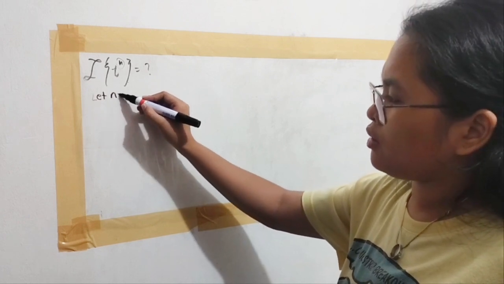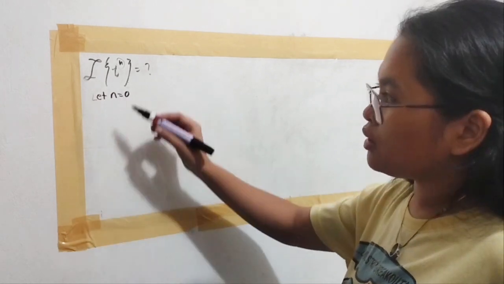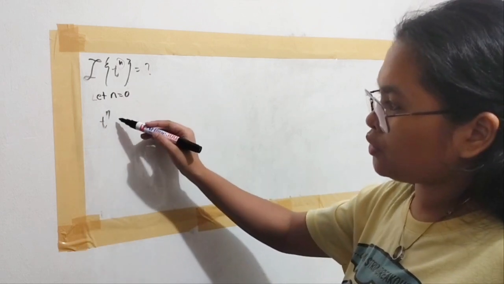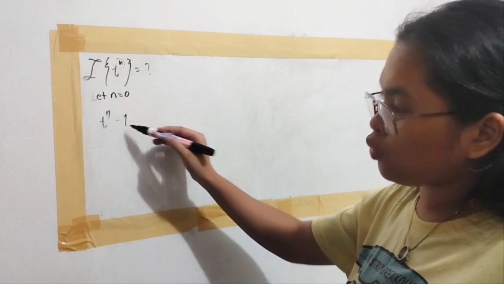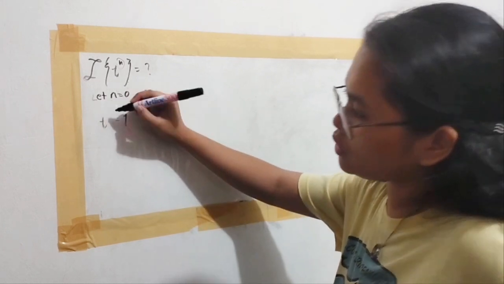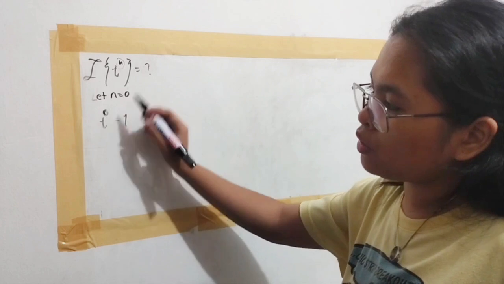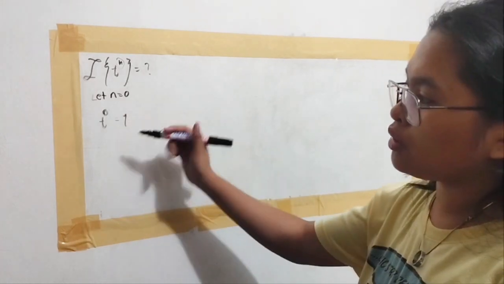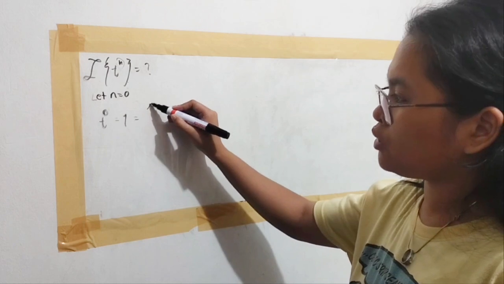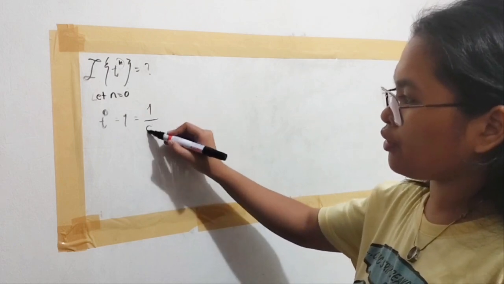So let's say n is equal to 0. Then t raised to 0, and we all know that any variable raised to 0 is equal to 1. The Laplace transformation of 1 is 1 over s, right?